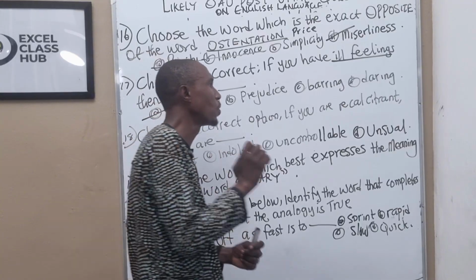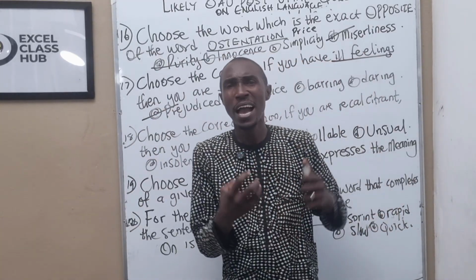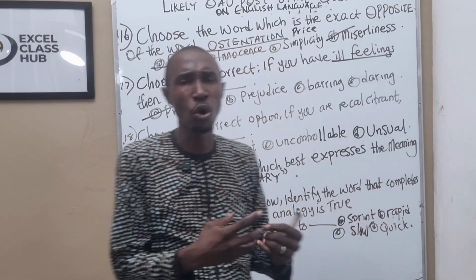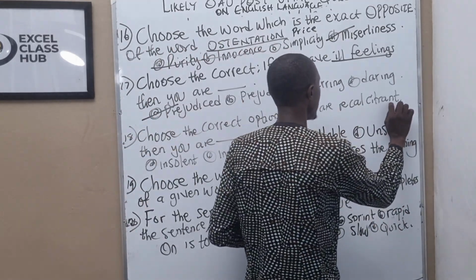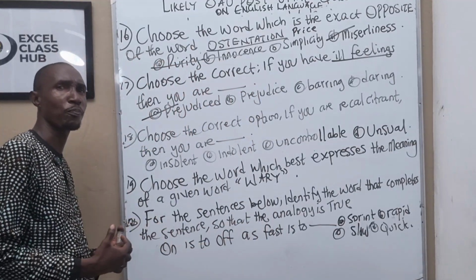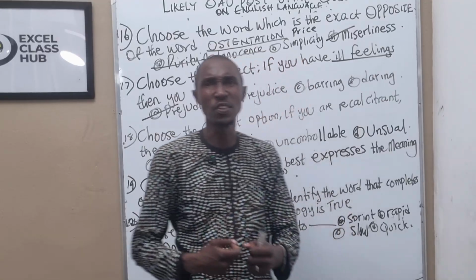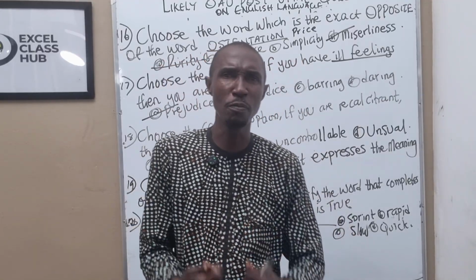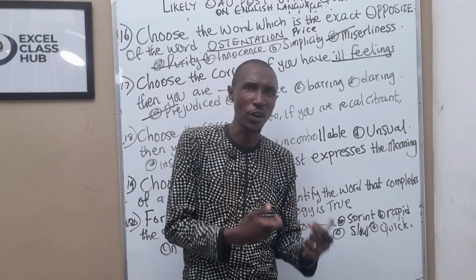If you are able to know certain words with their meanings, automatically asking questions of this nature won't be a problem. Now, what is the meaning of the word recalcitrant? A recalcitrant person is someone that is stubborn, disobedient, someone that doesn't obey authority.